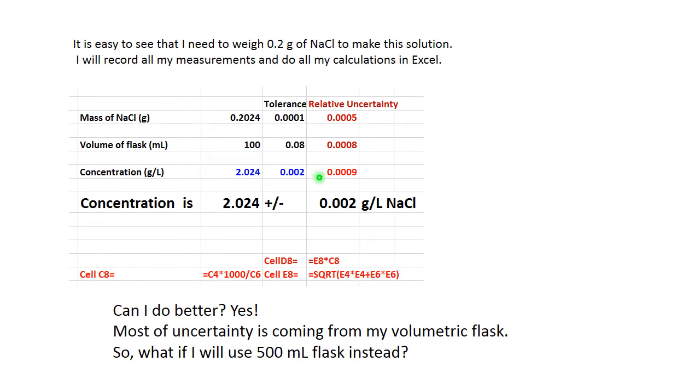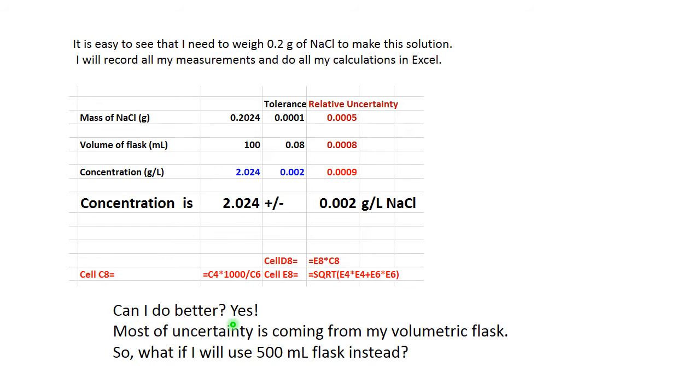Now, I know relative uncertainty. I can calculate absolute uncertainty. What I'm doing, I'm taking this number, multiplying by this number. That's my answer. I can retype it again so it will be a very visible result.